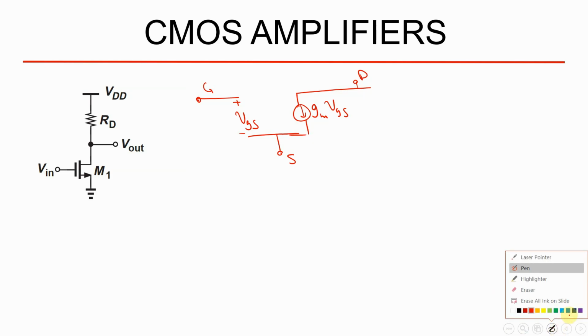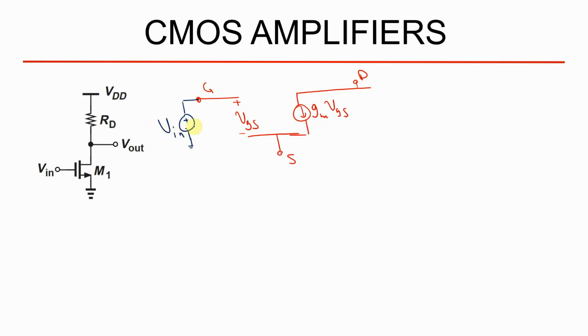Now I'm going to add the parameters of this circuit. This is the input Vin, which is applied to the gate of this device. You have to assume that this is an AC voltage, because we're going to calculate the gain, and you have to assume that the device already has a DC bias, and can operate in saturation.